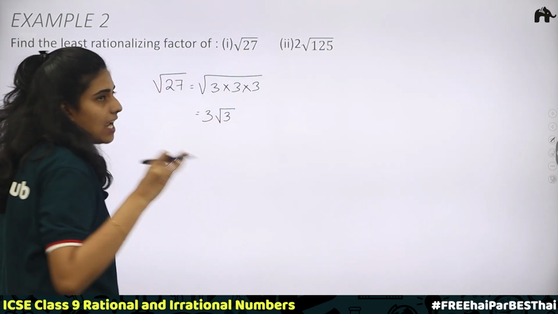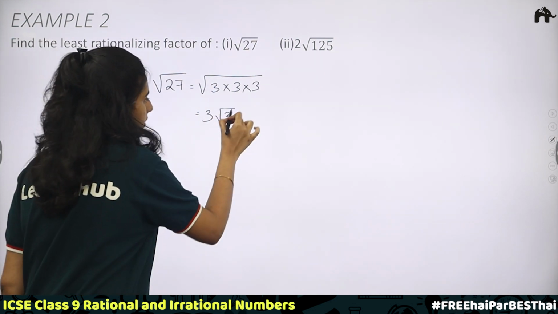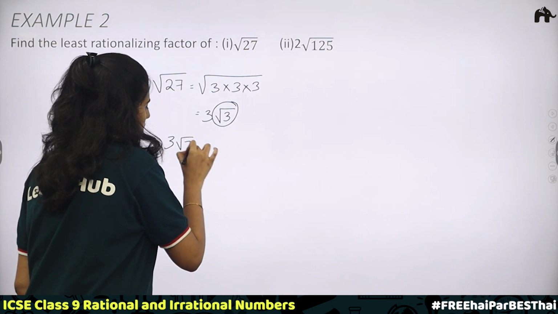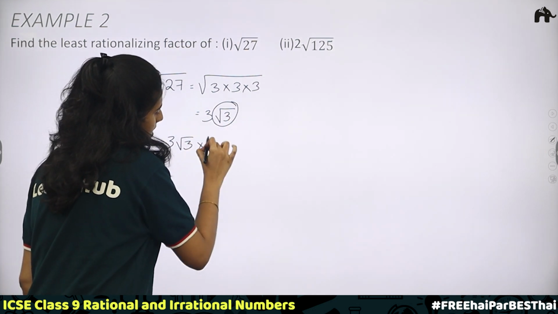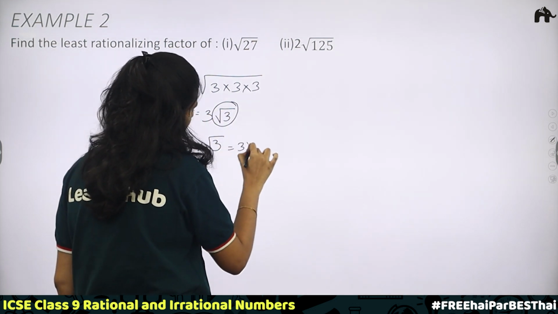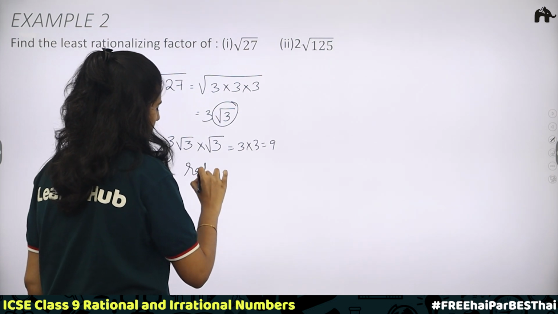To find the least rationalizing factor, we need something that, when multiplied, will give a rational number. For that, take this root 3 and multiply with 3 root 3. 3 root 3 into root 3, this irrational number, you will be getting 3 into 3, which is equal to 9. 9 is a rational number.